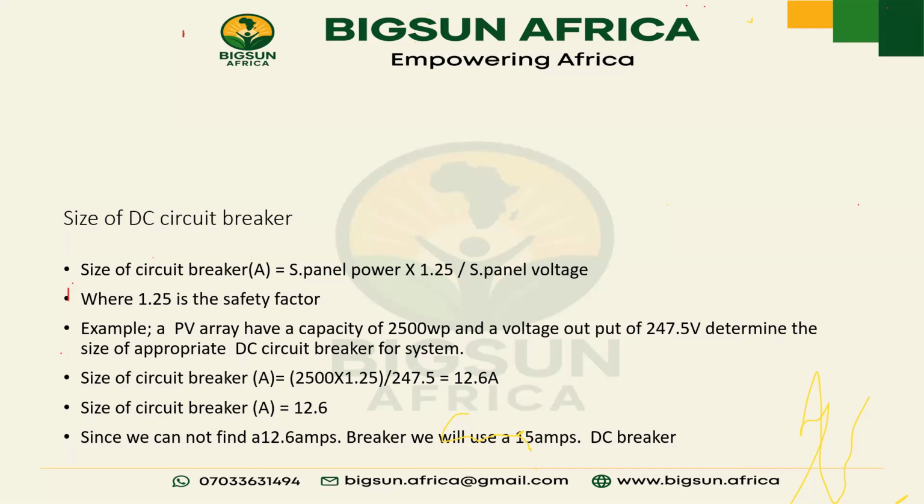If you are looking at our DC breaker size, it is the total power, 2,500 watt, times our safety factor, which is 1.25, all over the system output voltage, which is 247.5 volts. What's that going to give us?